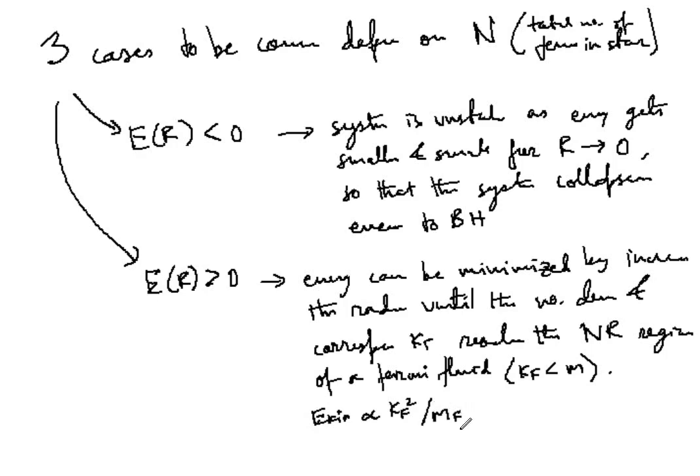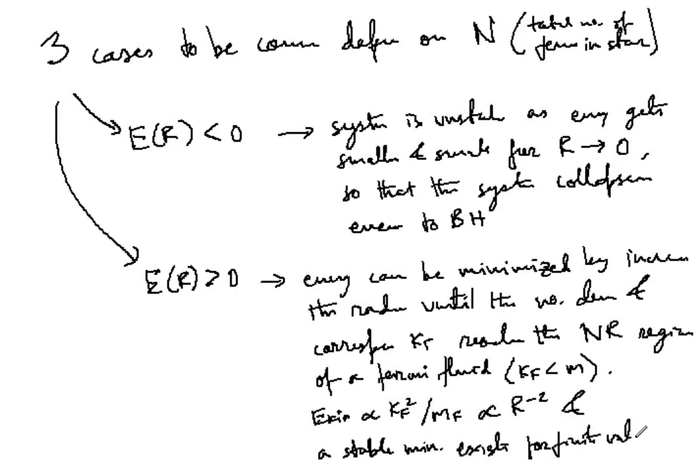Okay, and this is basically proportional to R to the power minus 2, and as a result you see a stable minimum exists for finite value of R. Okay, so let's now consider the third case, which is basically ER equal to 0, and we know this.